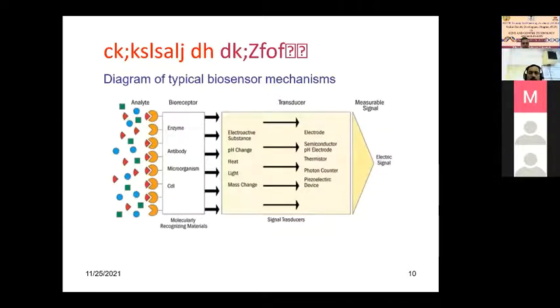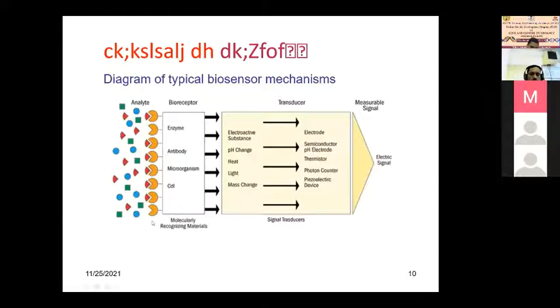They are a qualitative test. Here, these are the bioreceptors, these are the analytes. The bioreceptor has a molecularly recognizing material. You need a molecularly recognizing material here, either an enzyme or an antibody or any organism or any cells.